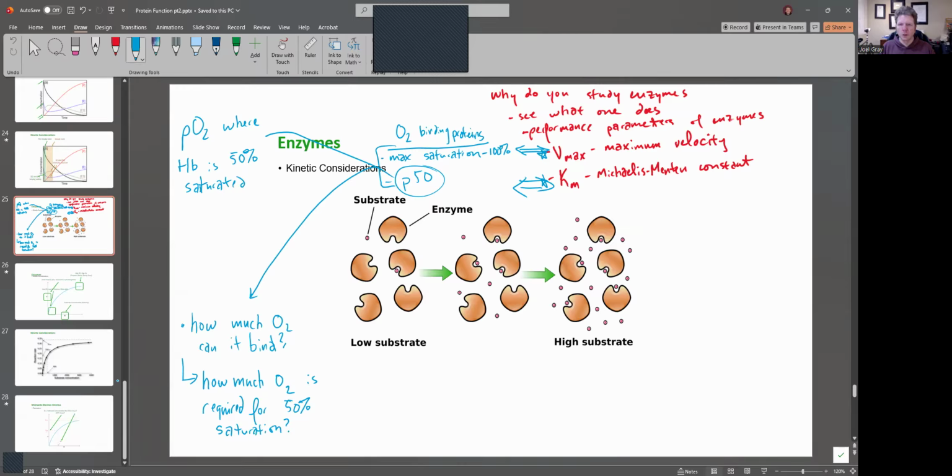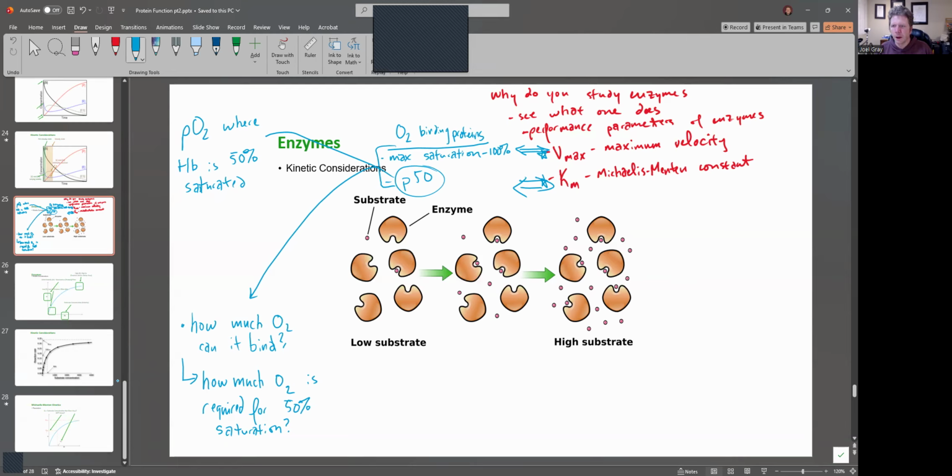Okay. I always like to simplify these as two questions: how much can it bind? And how much does this protein need to bind that much? Could you give me a three if that makes sense, or a seven if that doesn't make sense to me?